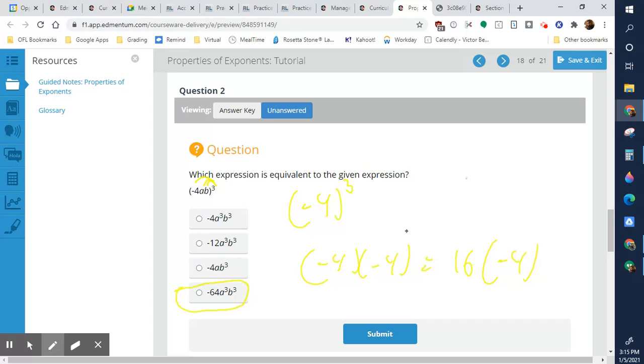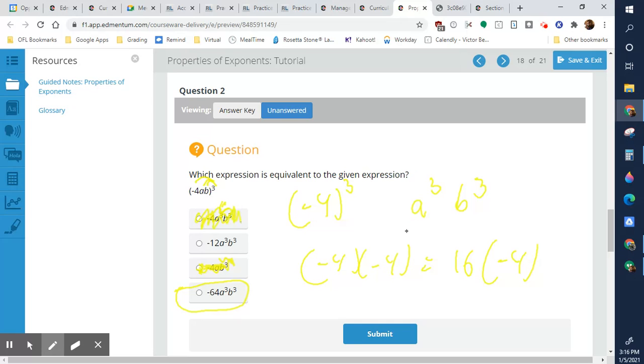And you can figure out the rest too, because you have a to the third, and you're also going to have b to the third. So this one doesn't have a to the third, so we know this one can't be it, especially since it doesn't have that -4 to the third. This one, they're trying to trick you because it's like, oh, that third can also be with that 4. That is not correct.